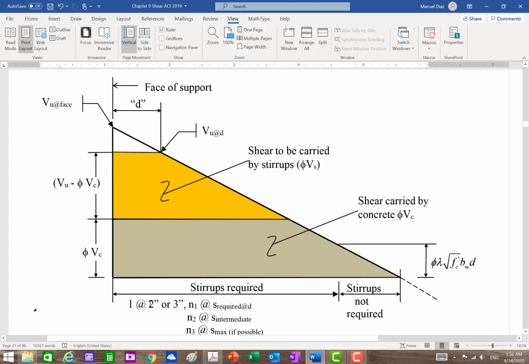You will say 1 at 2 inches or 1 at 3 inches, and then maybe 10 or 12, whatever you need, at a new spacing. You may change the spacing between this point and this point, and then because this is going down, you may change the spacing between this and that, and then between this and this. And so you may have 3 different spacings that you may specify. And we're going to see what that means later in the examples.